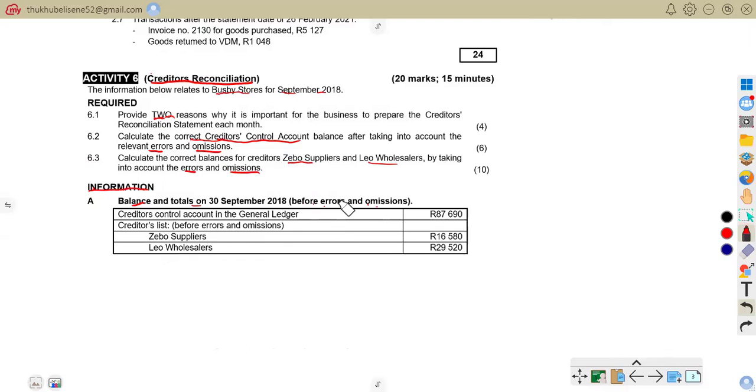6.1, as it says, provide two reasons why it is important for a business to prepare the creditors reconciliation statement. You'll find that the reason is to detect errors and fraud.